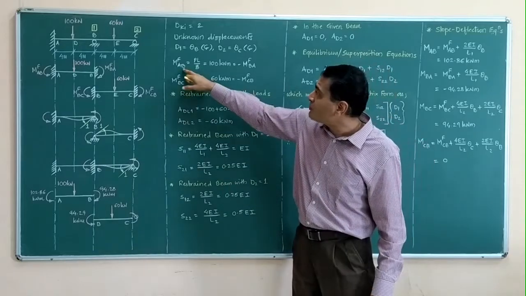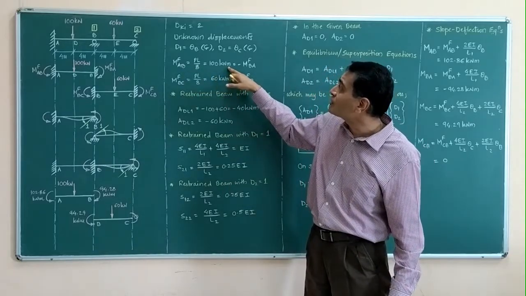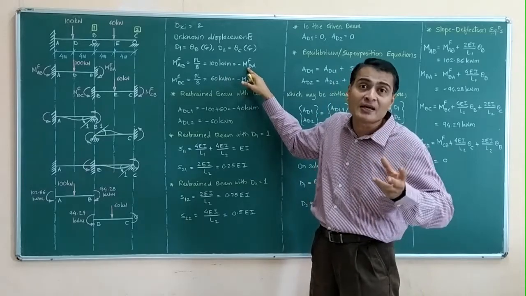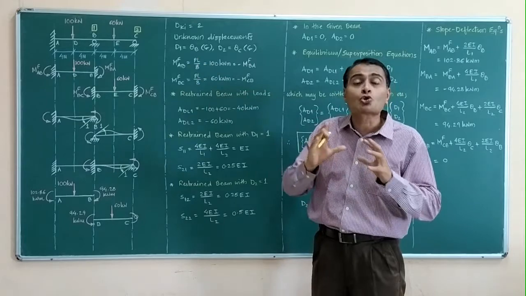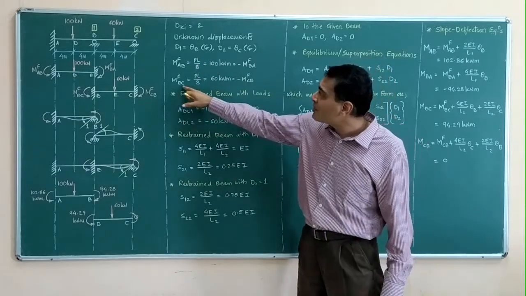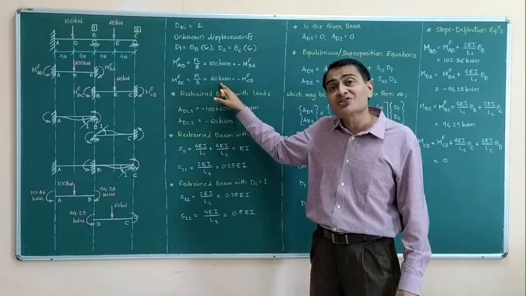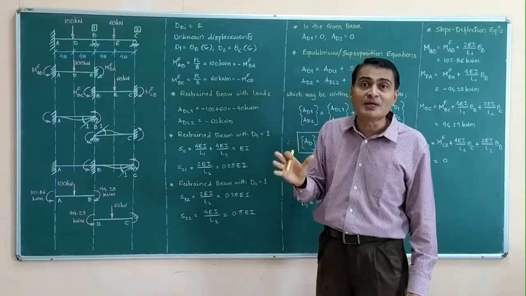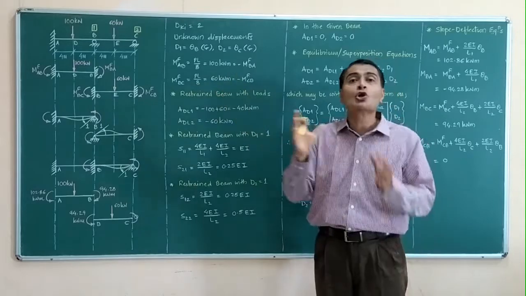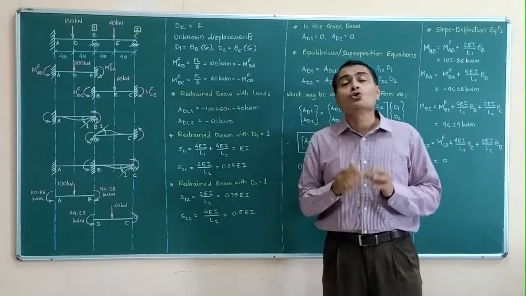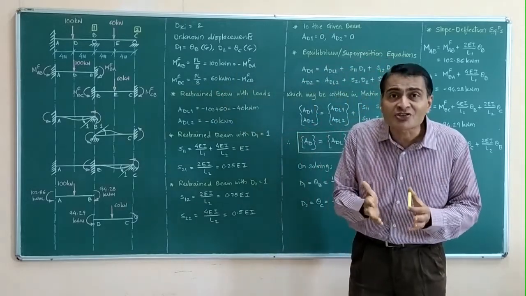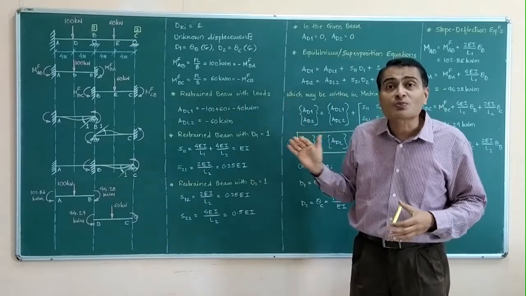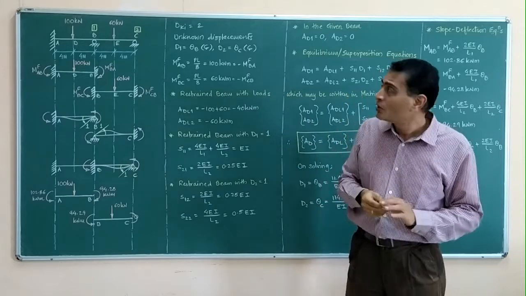So I find MFAB as 100 kilonewton meter, which is same as negative of MFBA. MFBA is clockwise, so negative. Similarly, MFBC I am finding as 60 kilonewton meter, which is negative of MFCB. Anti-clockwise, clockwise. Do the calculations. You have to remember these standard results. Then and then only we are going to solve these problems in exam.